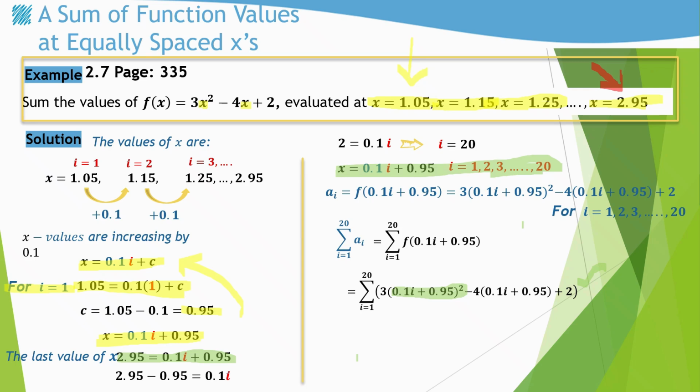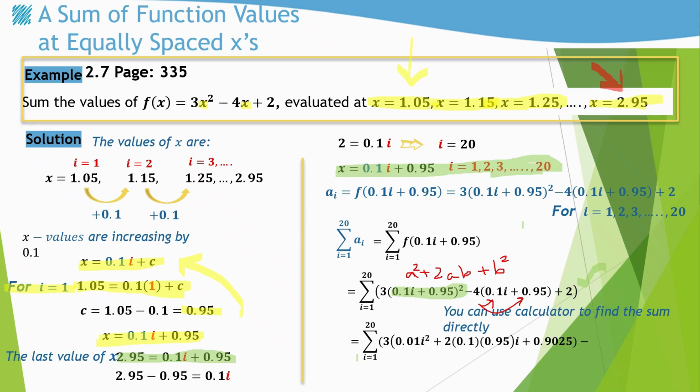What is a plus b the whole square? a squared plus 2ab plus b squared. Also here you have three main terms, and you need to apply the distributive property for each term. So you have distributed and also applied the a plus b whole square formula.